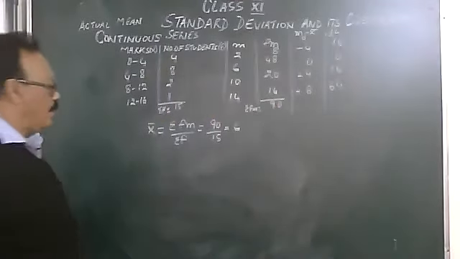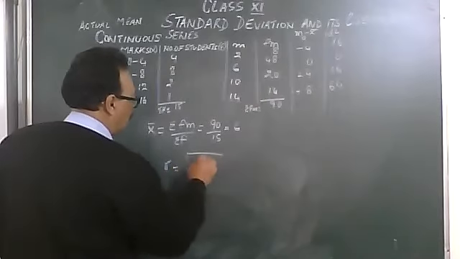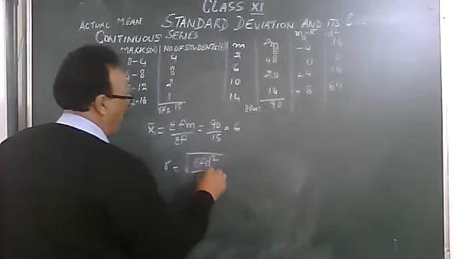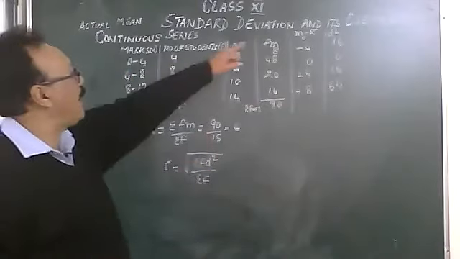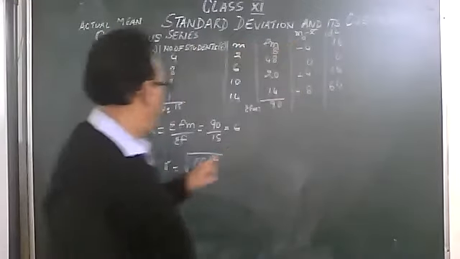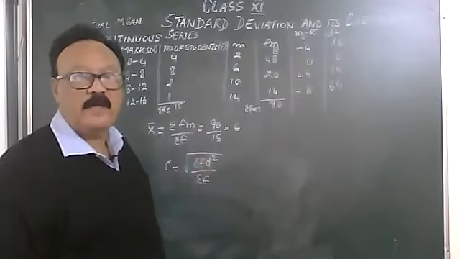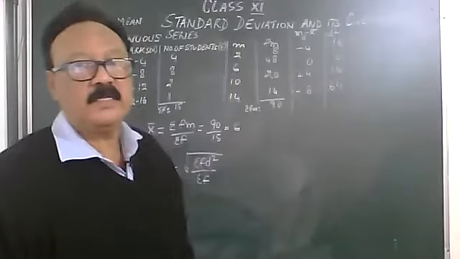The formula for standard deviation is under root sigma f d squared upon sigma f in the actual mean. Here, if you had used x, children, this formula will be sigma f x squared. That is the only difference. Variables change, taking any variable makes no difference. The method is the same.